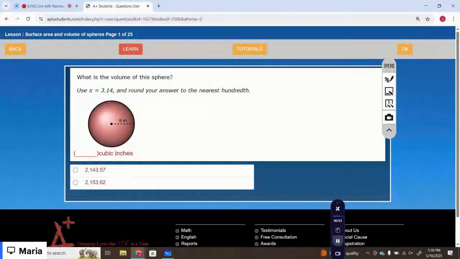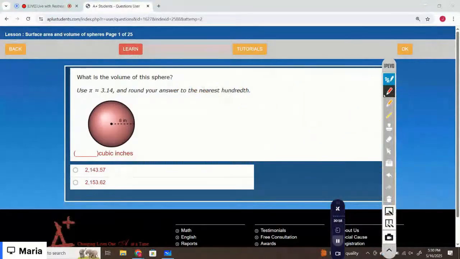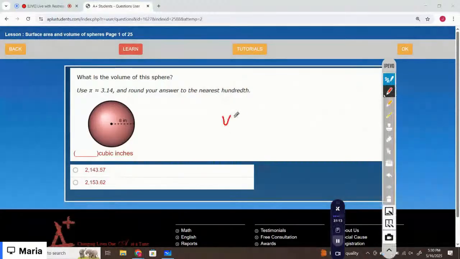What is the volume of the sphere? That is V equals 4 by 3 pi r cube. So let's just use the formula, put in the values. So that is 4 by 3, pi is 3.14, the radius is 8 cube. So let's just do the calculations.